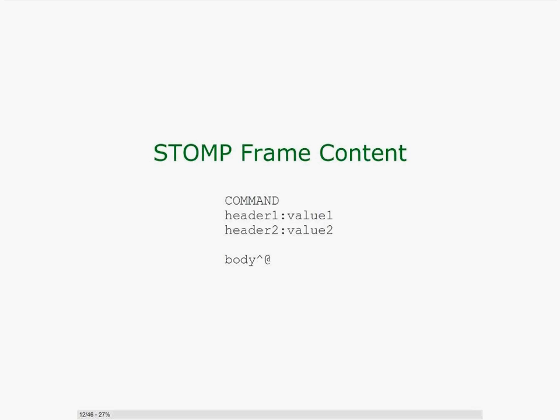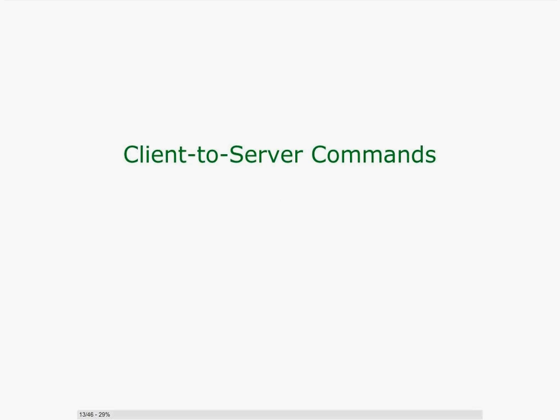On the first line, followed by a new line character, we have a command that expresses what this message is about. Then we have one or more header value pairs on separate lines. And then we have two new lines and an optional body that can carry further information. So as you can see, this is very reminiscent of HTTP messages and should feel familiar to pretty much every web developer.